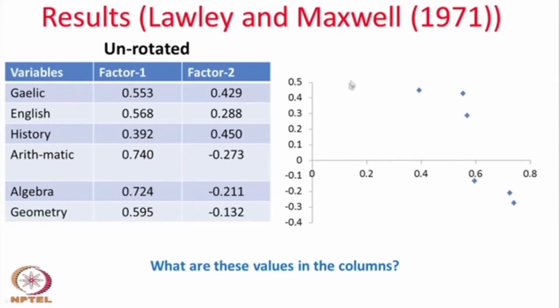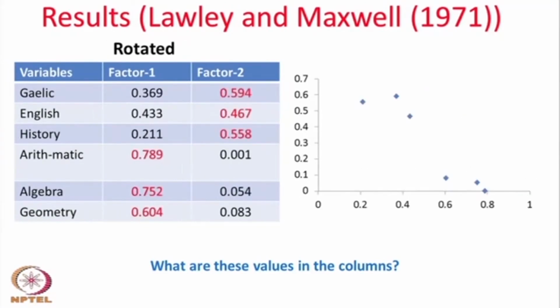They are on this side, not highly loaded with the second factor or highly loaded with the first factor. So, under such a situation, if I rotate the factors, can we get a better picture? If you rotate, you will get this type of picture.